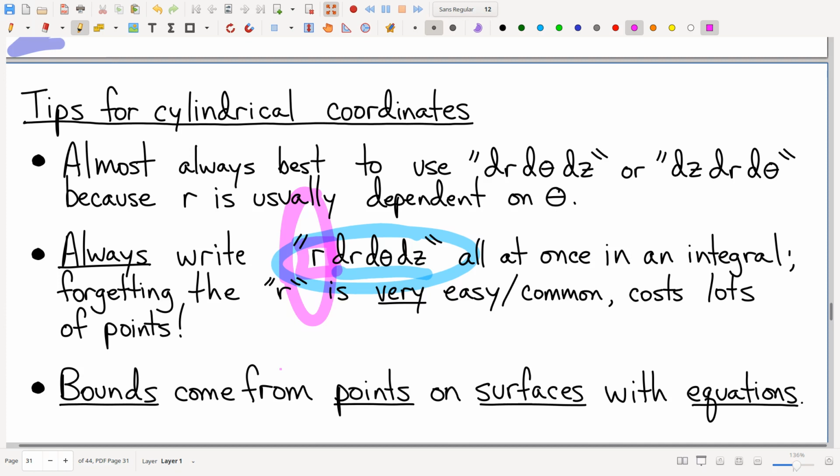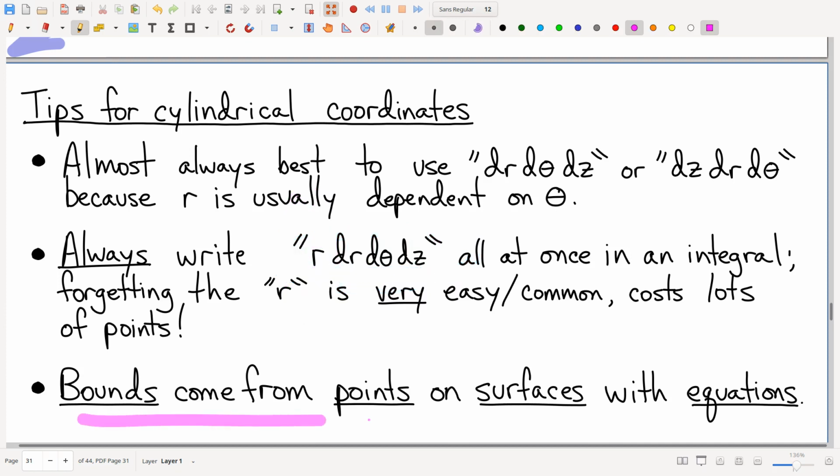Based on my previous experience, I'm going to say about 1 chance in 3 that you'll forget. I've seen it so often. It's a catastrophe every time. It makes me cry just a little bit. So just write it down when you write down your differentials, and then you won't forget. You already didn't forget. Okay.